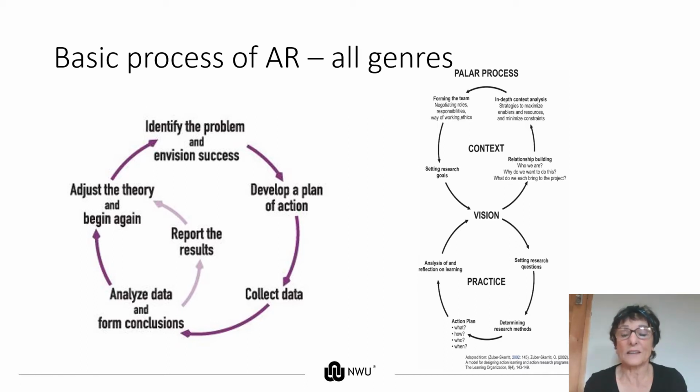And the main difference there is that you are working in a small action learning group, or you can call it a core project group, where the people together are democratically deciding what we are going to be doing in this research, how it is going to be done, who else we are going to involve if we need to go outside the group to gather other data, and whether we ourselves need to change anything in our attitudes, whether we need to learn anything to be able to do the research, and so on. You negotiate ethics, you set your broad research goals, and then you go into the normal AR cycle.